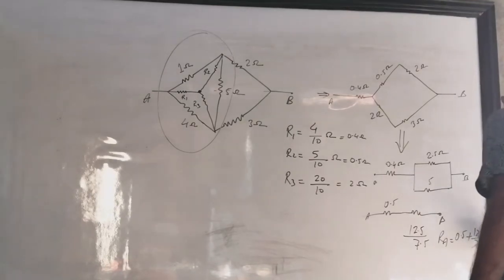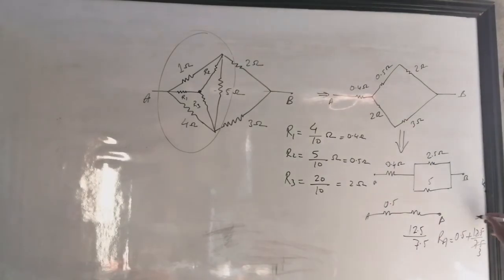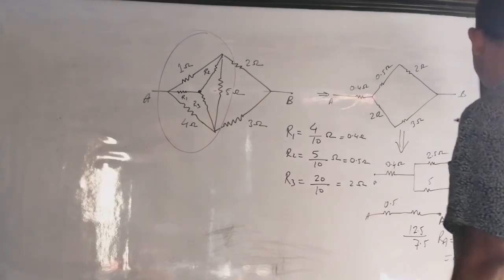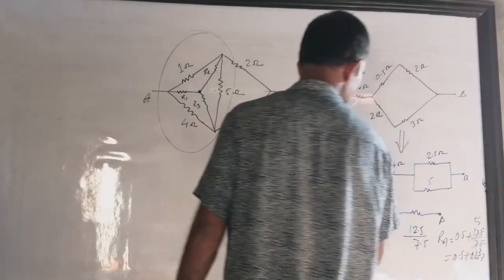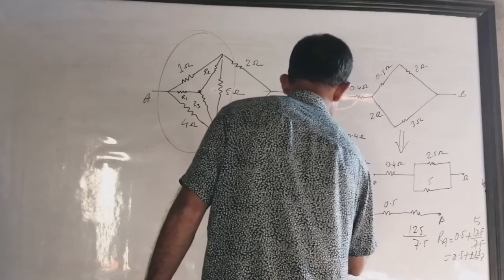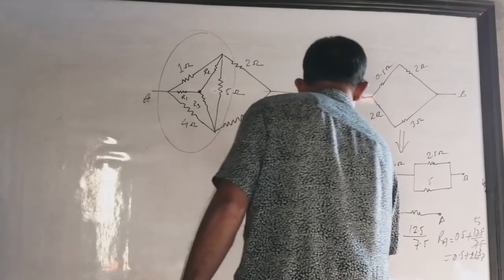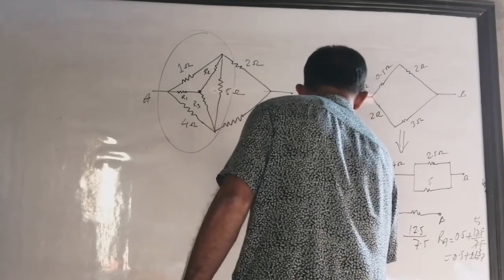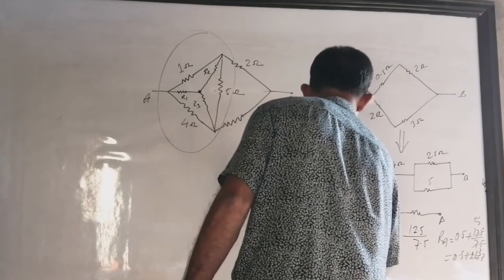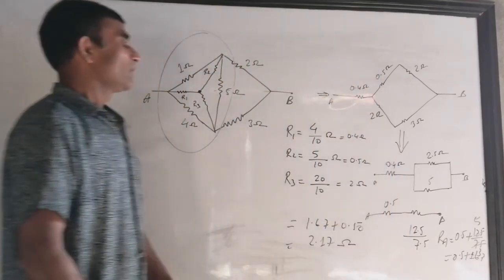So 5 by 3, and so 0.5 plus 5 by 3, which is 1.67. So you got the equivalent resistance, overall resistance: 1.67 plus 0.5. Tell me what will be the answer. Okay, so it is 2.17 ohm resistance.